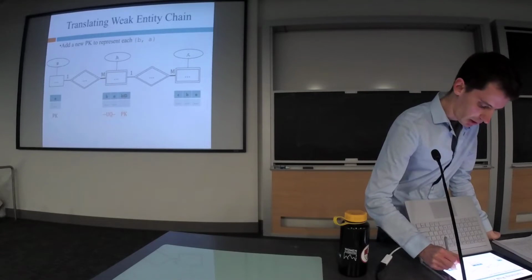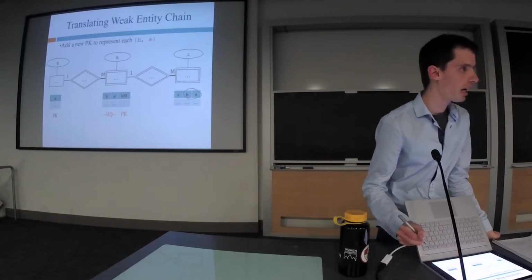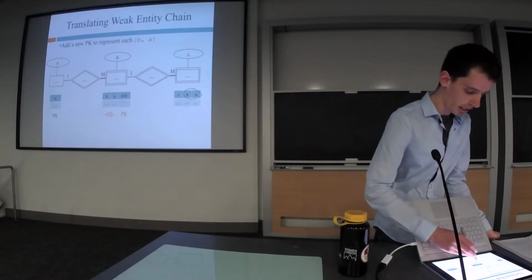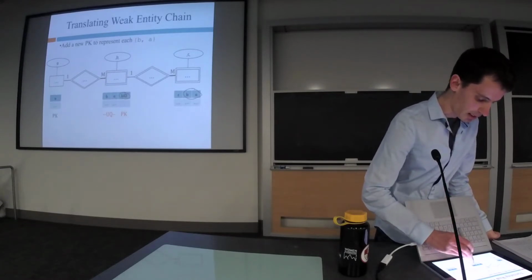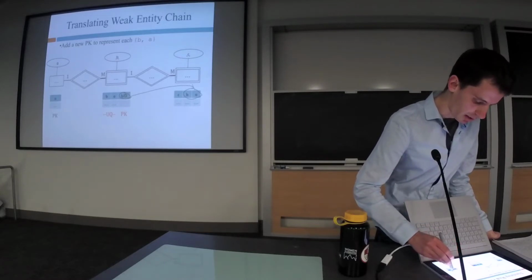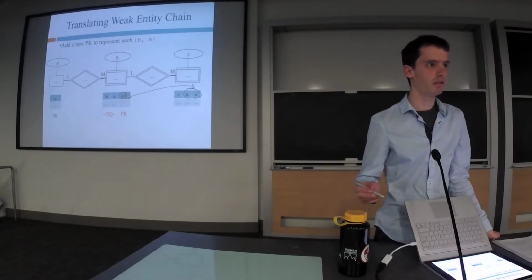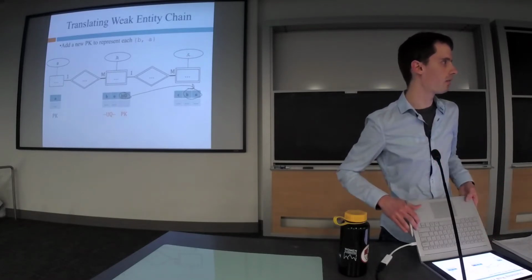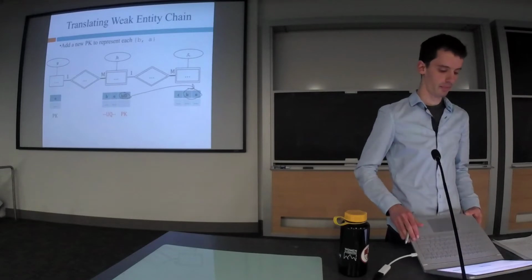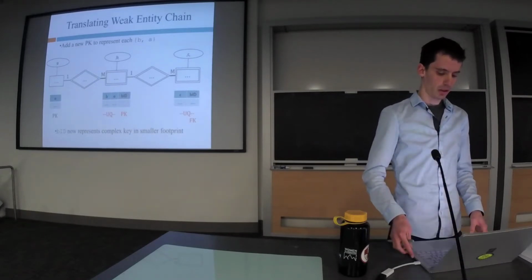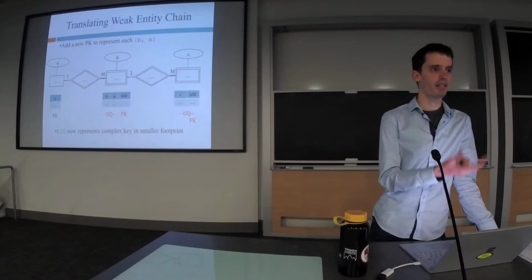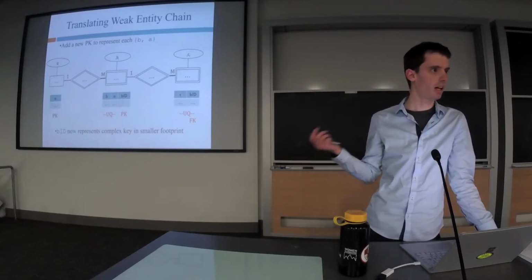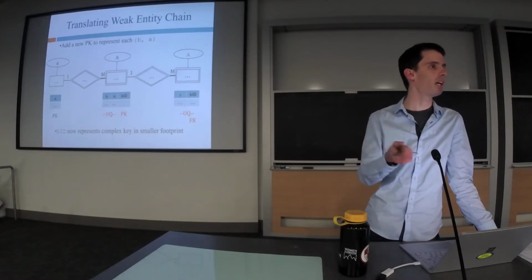So instead of pulling in B and A, I've now distilled B and A down to a smaller identifier, where BID represents B and A. So I can just pull in BID instead of the full combination of its uniqueness constraint. Okay, so I have C, which is the partial key from the C entity set. Combine that with BID and make BID a foreign key.